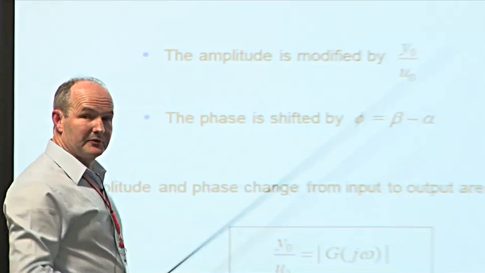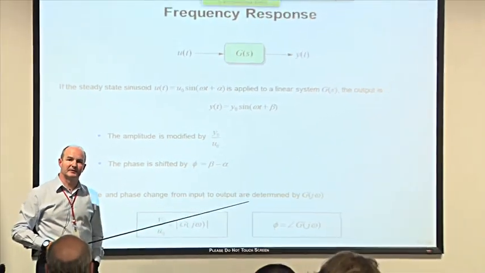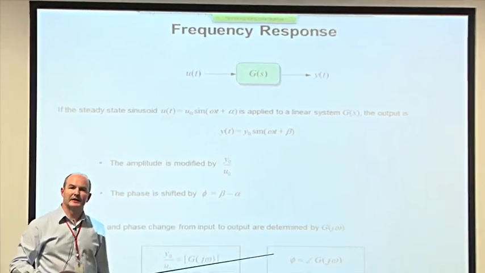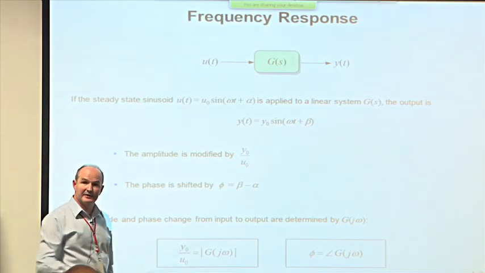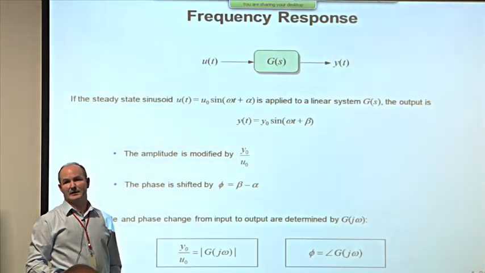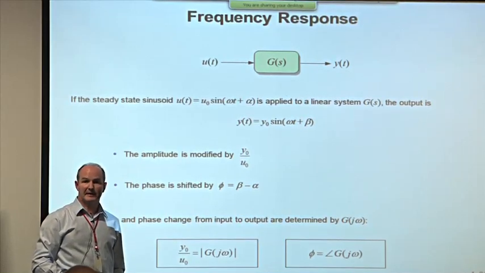Now, remember from one of the first slides in this section, when I explained the concept of linearity, we saw that a sine wave applied to a linear system produces another sine wave of exactly the same frequency, but its amplitude and its phase may not be the same. Those two properties depend on frequency.